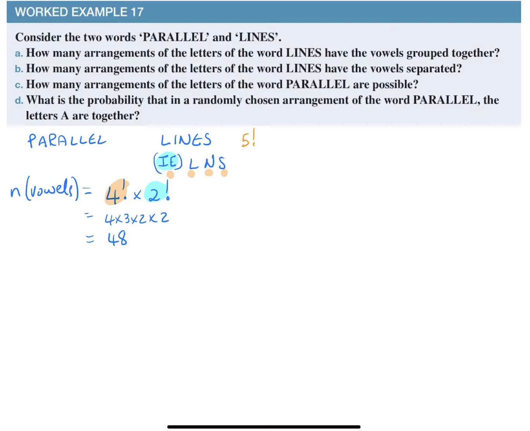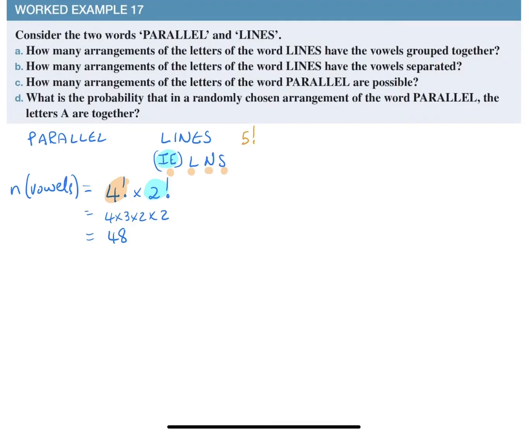Let's have a look at B. How many arrangements, again it's a number, how many arrangements of the letters of the word lines have their vowels separated? So the number of vowels separated.